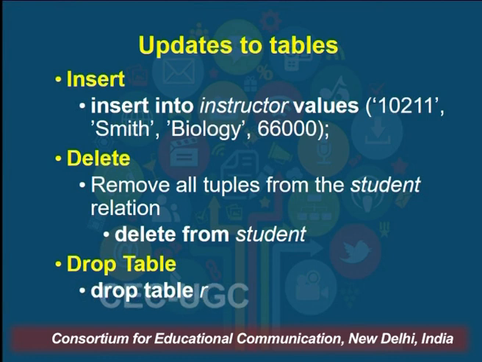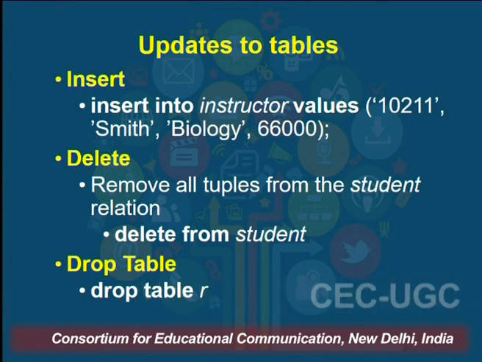That deletes all tuples from the student relation. If we want to delete the table or the relation itself, we will not use the command delete, instead we use the command drop. So drop table and whatever the name is, for example, drop table instructor or drop table student, that is for deletion of the table.